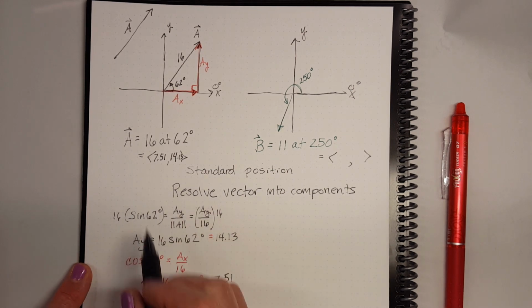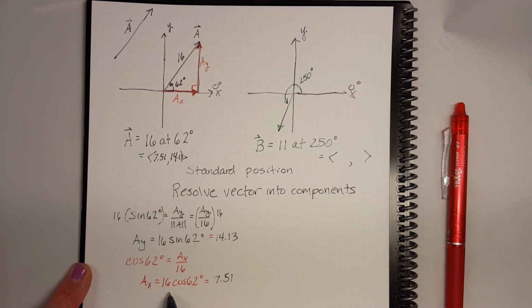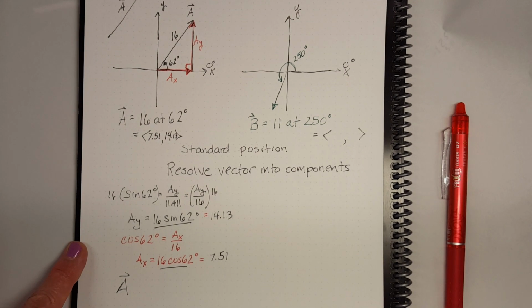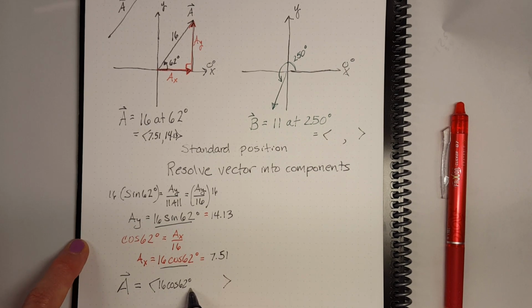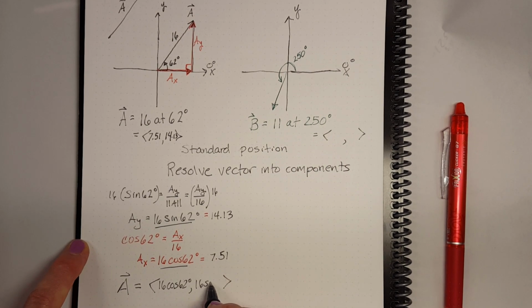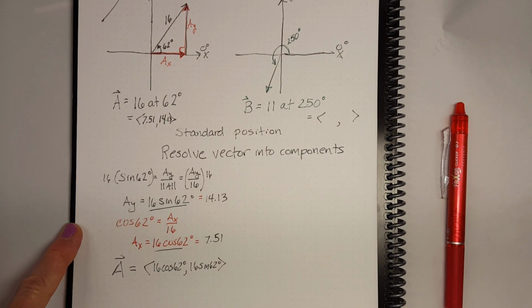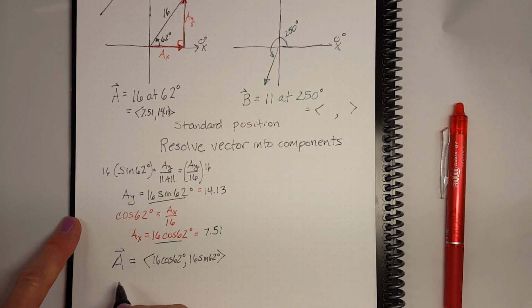Now if we look at this, what that basically means is if I take these formulas, we can say that the A vector is going to equal, and I'm just going to write them in here so you can see, 16 times the cosine of 62 degrees, and 16 times the sine of 62 degrees. But there's a general formula that we can write.